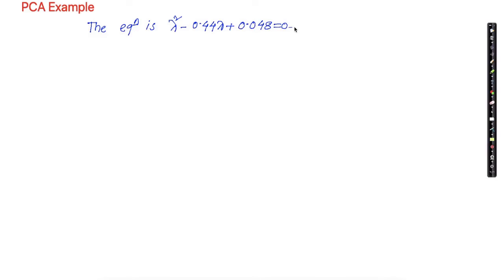The equation derived in the previous step is lambda square minus 0.44 lambda plus 0.048 equals 0. If we compare this equation with the generalized quadratic equation ax square plus bx plus c equals 0, and apply x equals minus b plus or minus square root of b square minus 4ac divided by 2a, then we can compute the values of lambda.